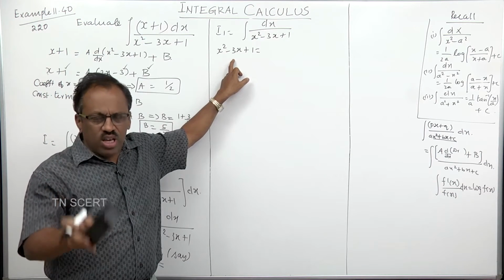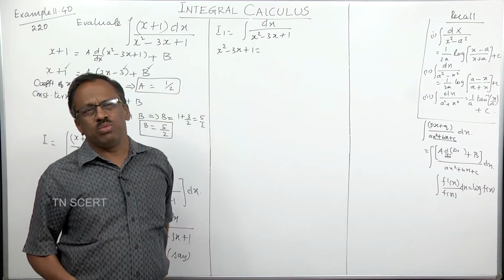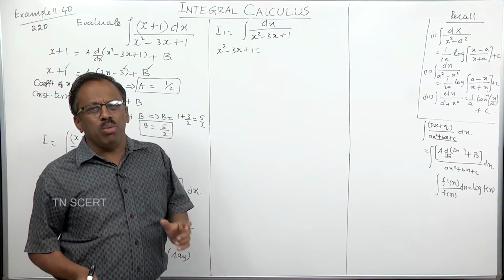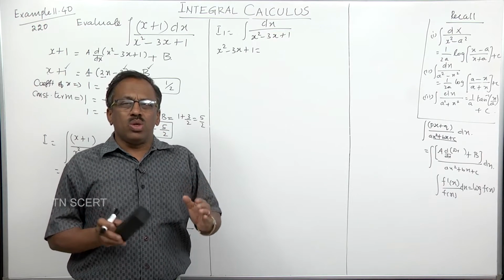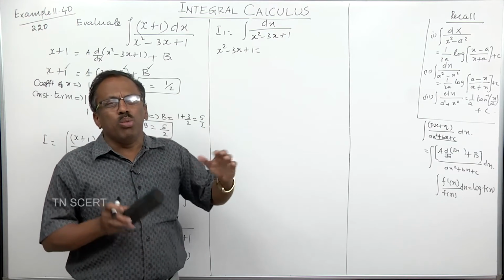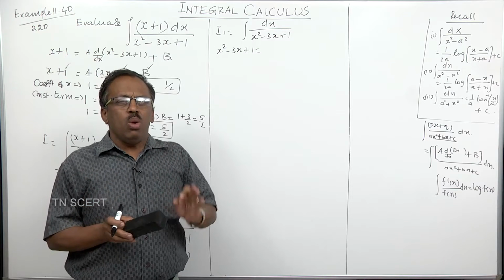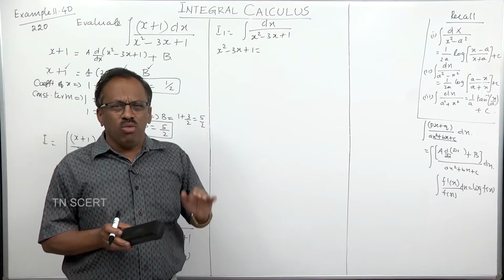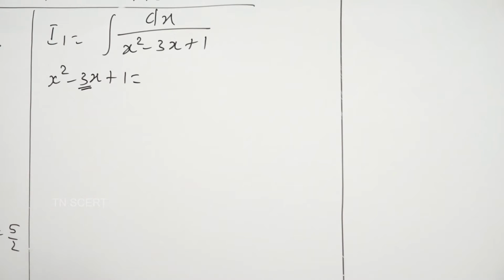Always the coefficient of the x term must be divided by 2, because we want to make a perfect square. So you have to homogenize the function. We want to make it like x square minus a square or a square minus x square, one of these formats, for which I am going to always divide this by 2.